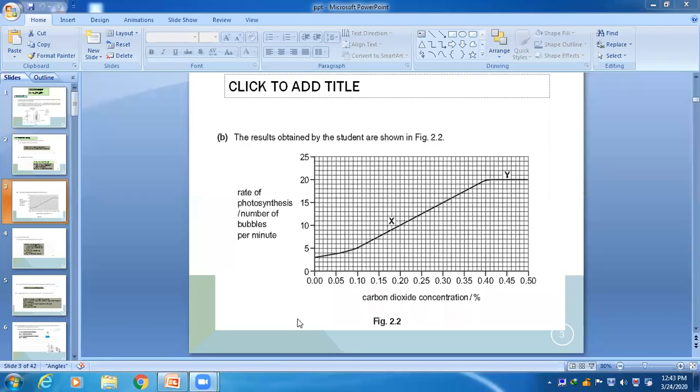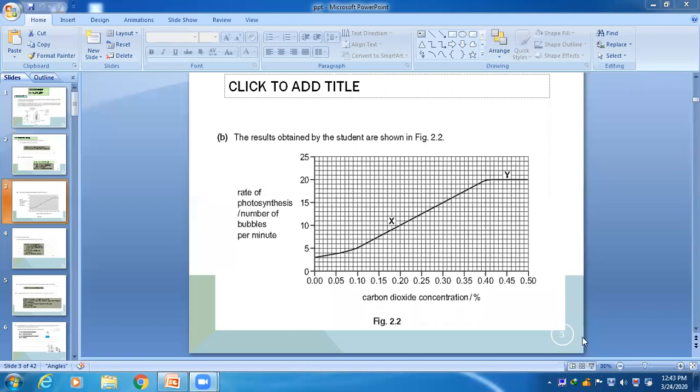Now you will describe the student result. Here you have to describe the student result, what is going on. I described the student result with you already.